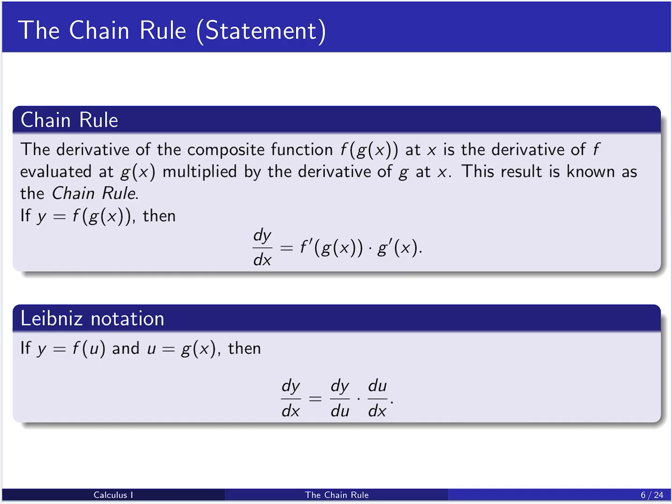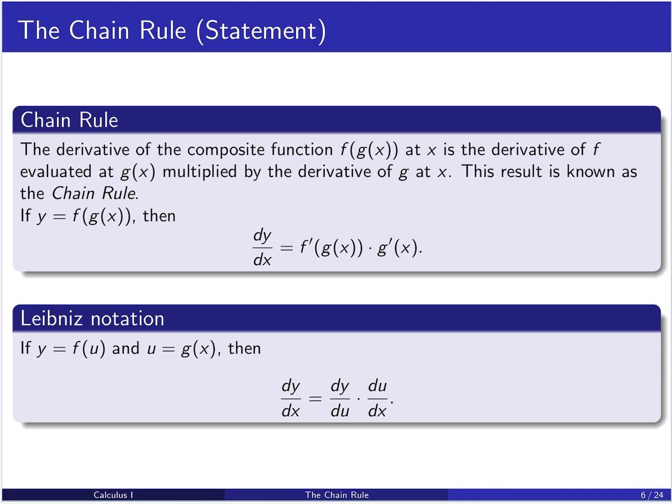The derivative of the outside function evaluated at the inside, times the derivative of the inside. So this first expression is the derivative of outside evaluated at inside multiplied by derivative of inside.